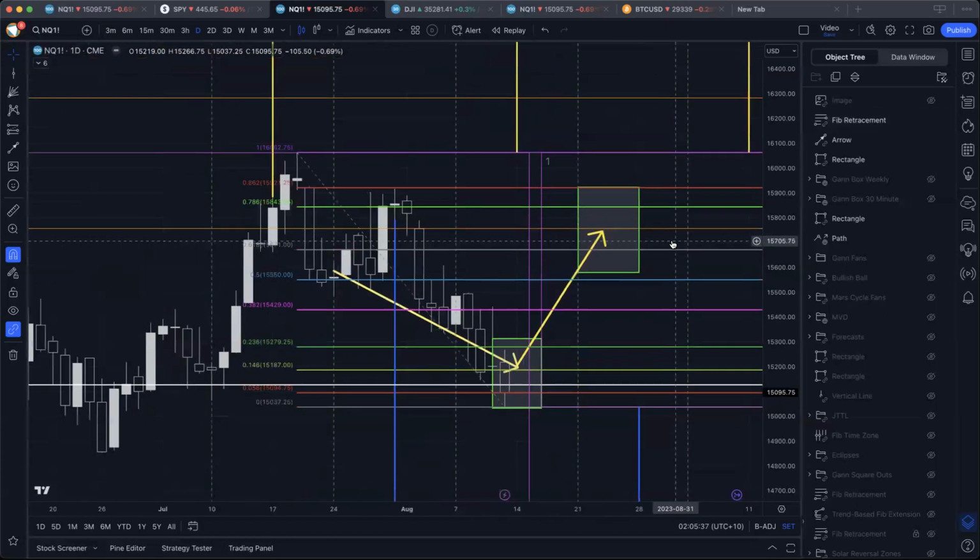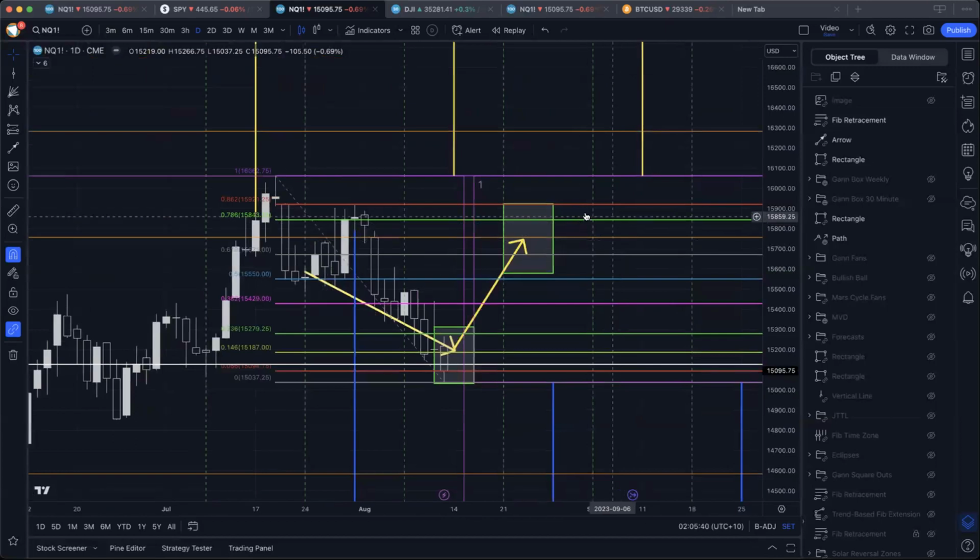After that, I don't really have an opinion other than I think we could be in for a big move either way, right? Starting early September, it could go either way, strong up, strong down.